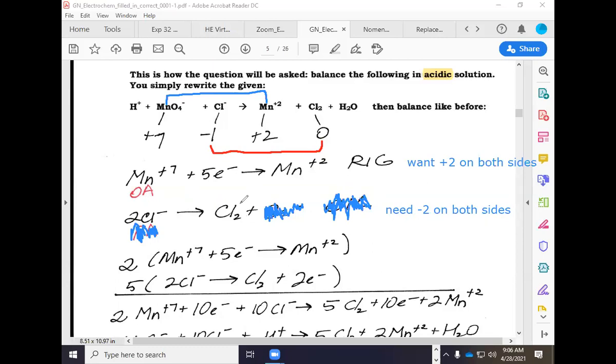And remember, this was a 0. So we need a -2 on both sides. So if we have 2 electrons on this side, we have a -2 on this side and a -2 on this side. The electrons are being lost, and so that is our oxidation. The oxidation is lost electrons, which matches with the reducing agent, which is specifically the chloride.